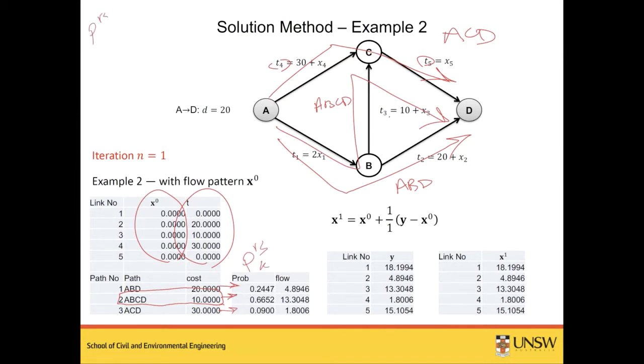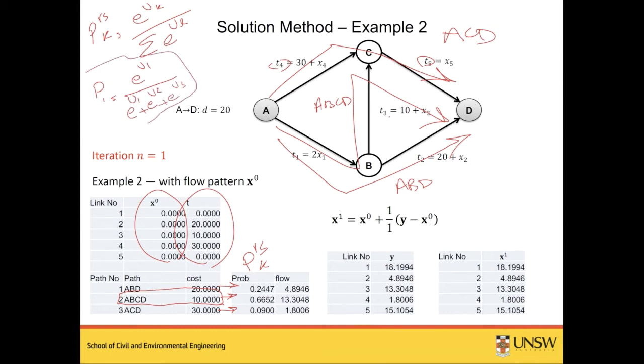And P_rsk comes from the utility function, from the logit formula, which says e to the utility of k over the summation of e to the utility of l. So in this case, P1 would be exponential of U1 over exponential of U1 plus exponential of U2 plus exponential of U3. Okay?